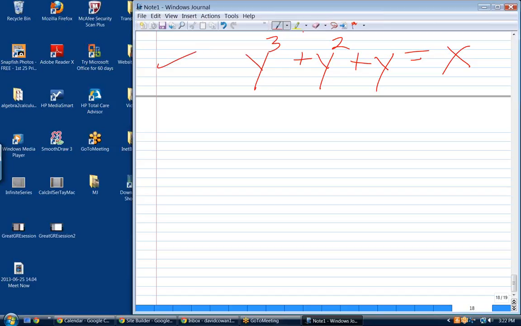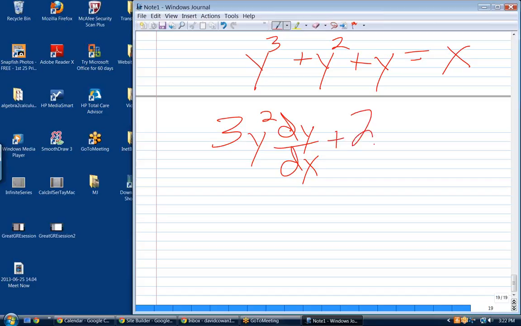So I really wouldn't have any other way to differentiate this other than implicitly. And the way I would implicitly differentiate it would be this way. By differentiating both sides of the equation, I get that. Now I factor out the dy dx, and whatever I end up with is going to be my answer.